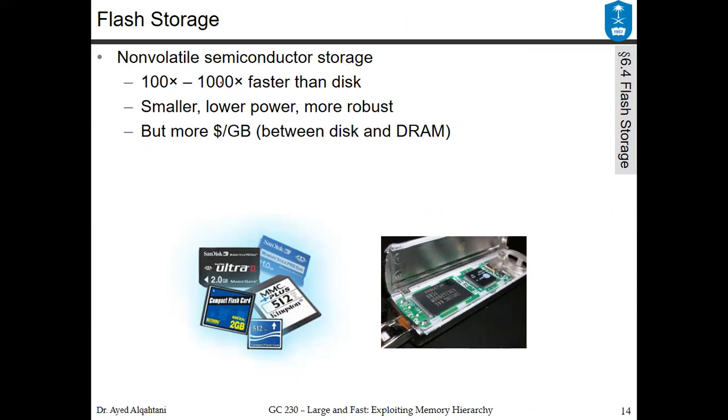They are 100 to 1,000 times faster than a disk. They are smaller, have lower power consumption, and are kind of robust, but you are paying more dollars per gigabyte. This is if we compare it to the disk and the RAM.